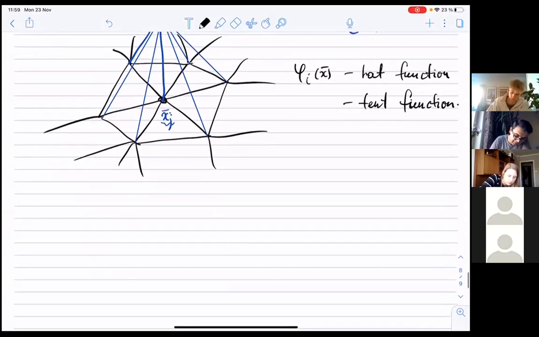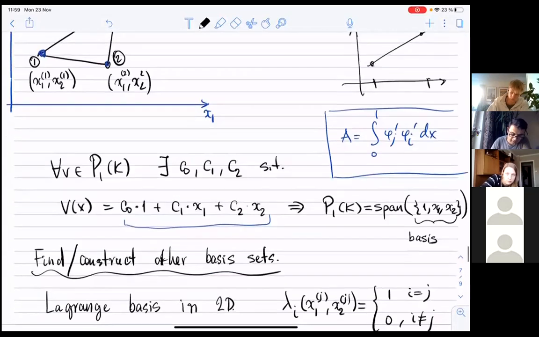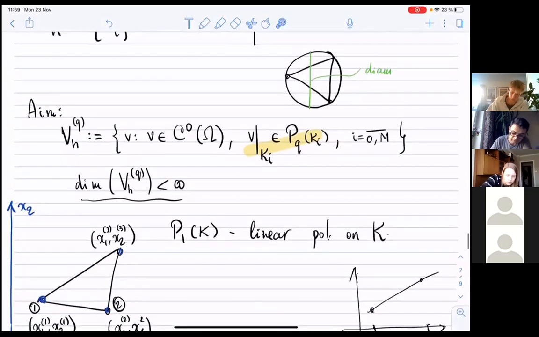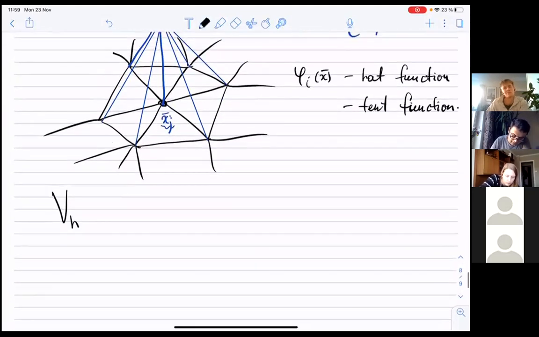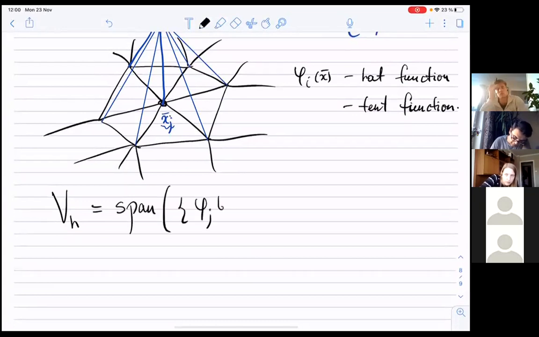And that means that one can choose these functions. Remember, we have to construct some basis to this space. This is the space that we are looking for. Then we can take a linear combination of these basis functions, phi j's, where j is equal to 0 to n. It's the number of points that you have in the mesh.